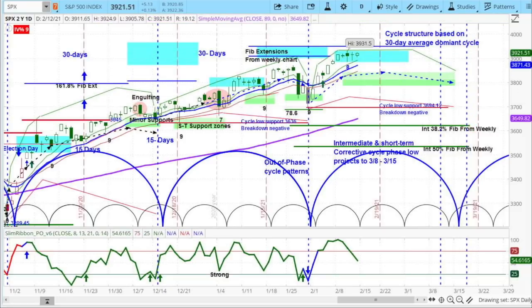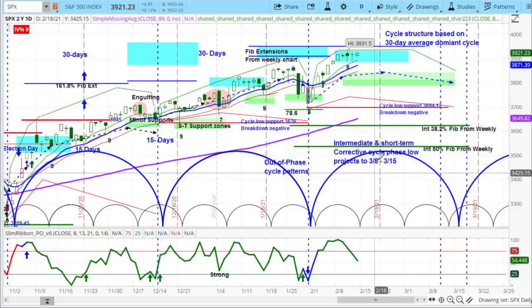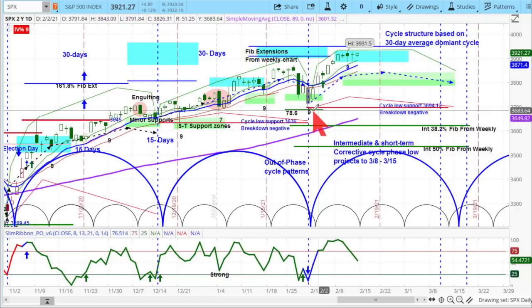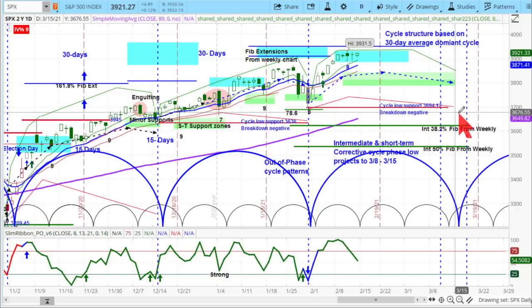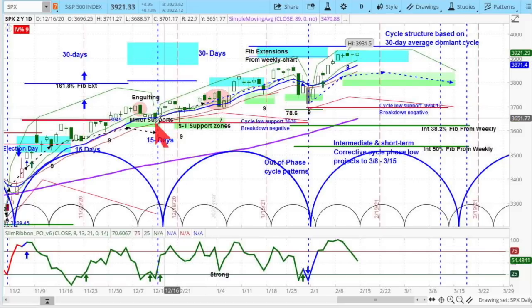That again is what we expect to be a modest correction in the S&P 500 of some 6-7% between the peak that it makes, we think, in the next few days and the bottom, somewhere between March 8th and March 15th would be our guess, which would take you somewhere around that 30-day period from that last low. Again, we're looking at this low right over here plus about 30 days, which takes you out over here, just as it did right over here, and it did actually right over there also.